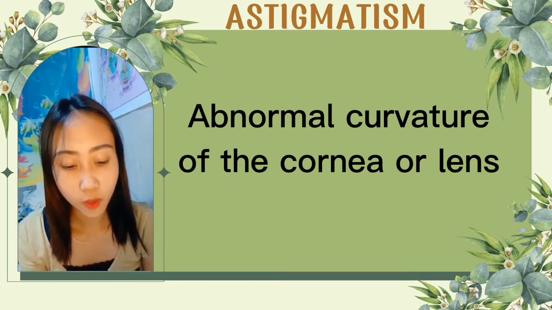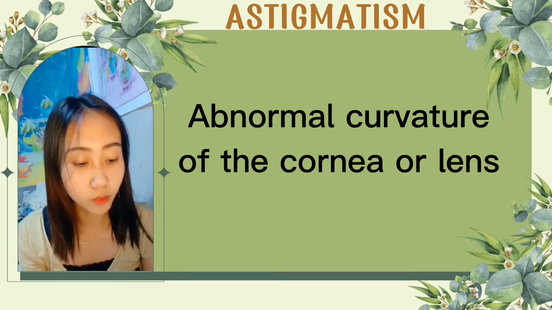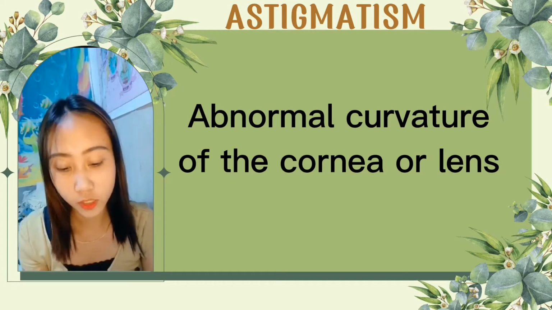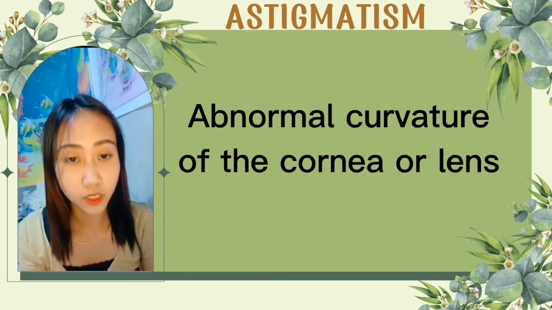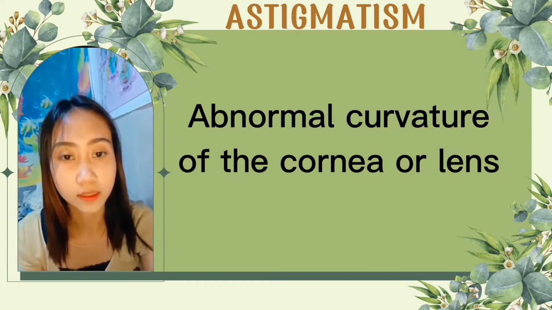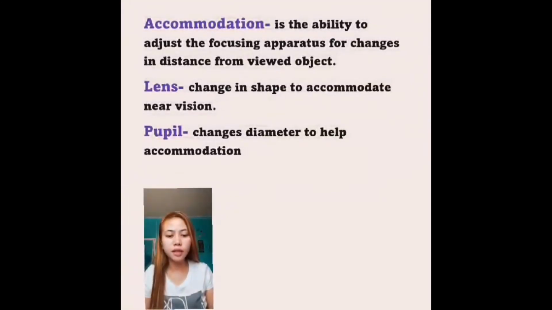Instead of having one curve like a round ball, the surface is egg-shaped. This causes blurred vision at all distances. Accommodation is the ability to adjust the focusing apparatus for changes in distance from the viewed object. The lens changes shape to accommodate near vision, and the pupil changes diameter to help accommodation.